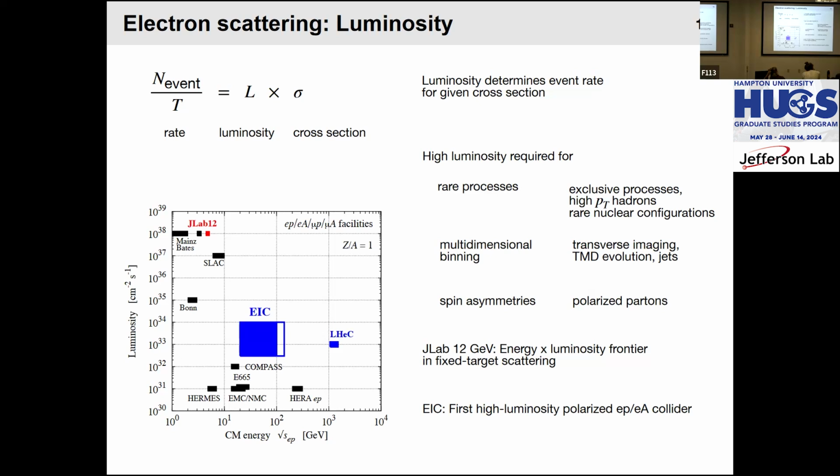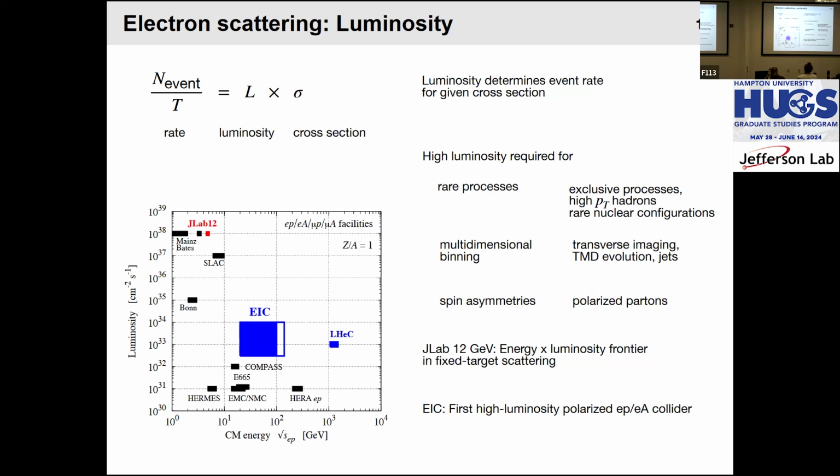We also need high luminosities if we want to do multidimensional binning, because if our cross-section is differential in 4 or 5 variables, and we want to have binning in all of them, we need a lot of statistics to have a meaningful event number in these multidimensional bins. This is an issue in particular in the measurements for transverse imaging, TMD evolution, and jets.